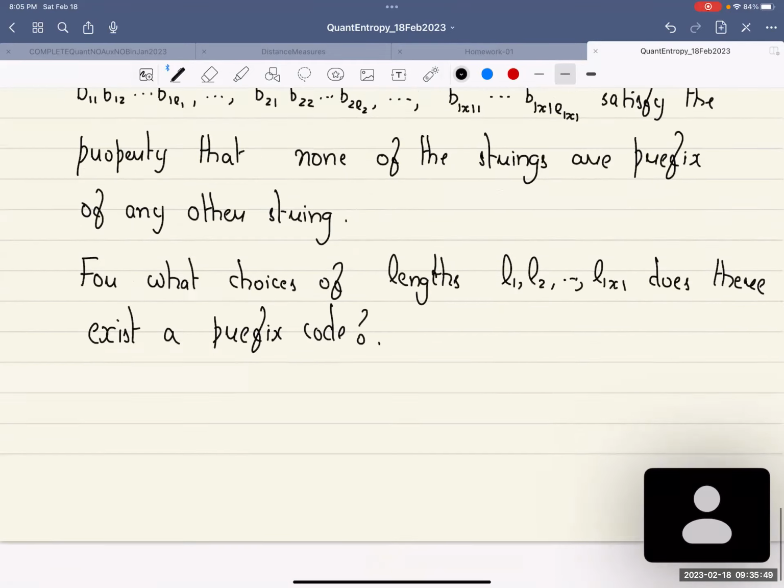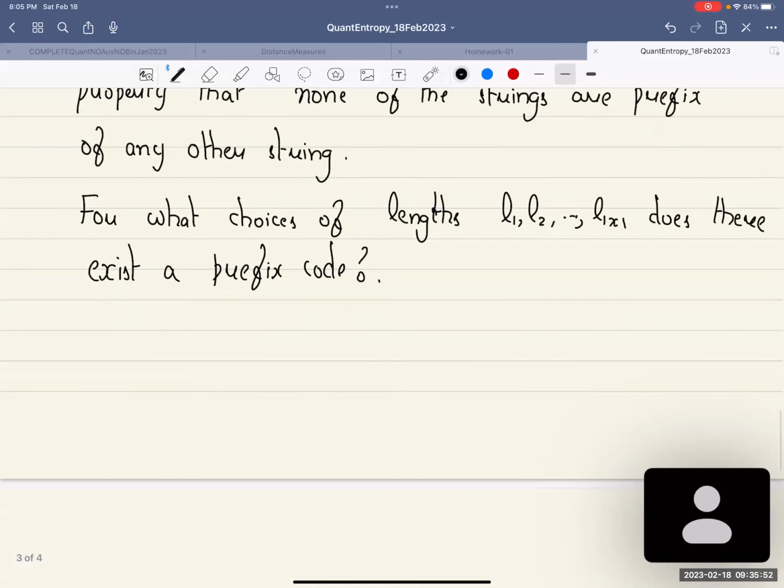And out of all those, you want to choose that prefix free code for which this is small. So this is your average length. Take a prefix free code, it has a particular length distribution, L_1 to L_cardinality of X. And you're looking for that prefix free code whose average length is as small as possible.